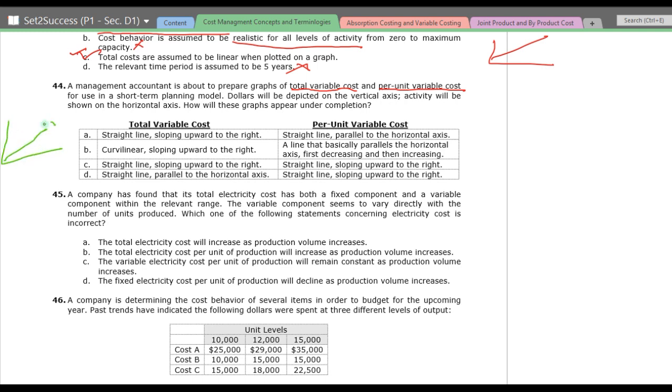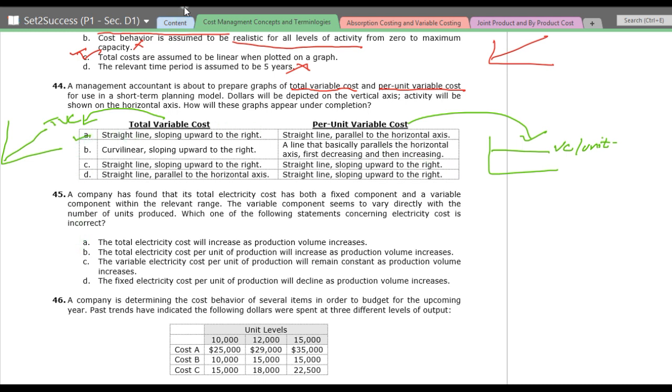This is the graph of total variable cost and this is the graph of per unit variable cost. This is the graph of variable cost per unit, and this is the graph of total variable cost. So it's a straight line sloping upward to the right. Yes. A straight line parallel to the horizontal axis. Yes, this is the correct option.